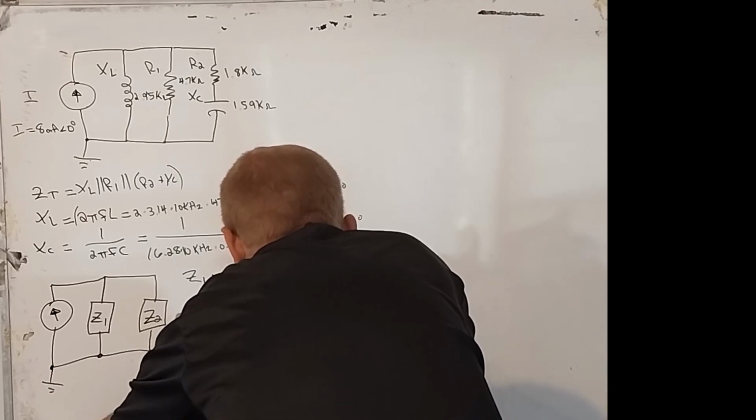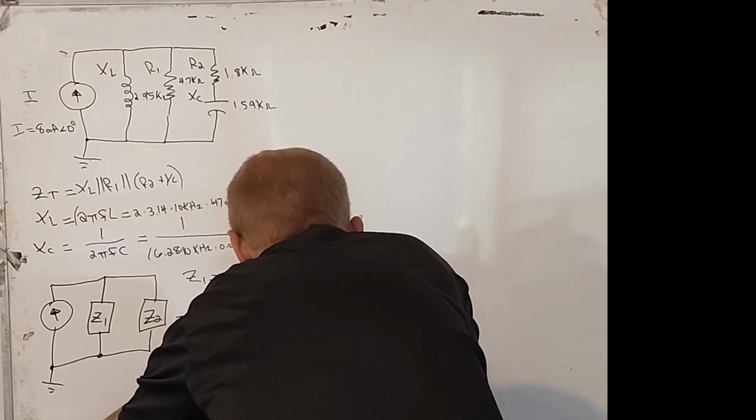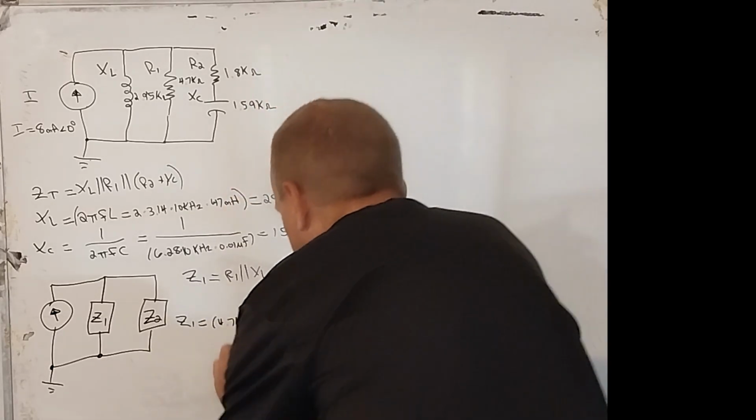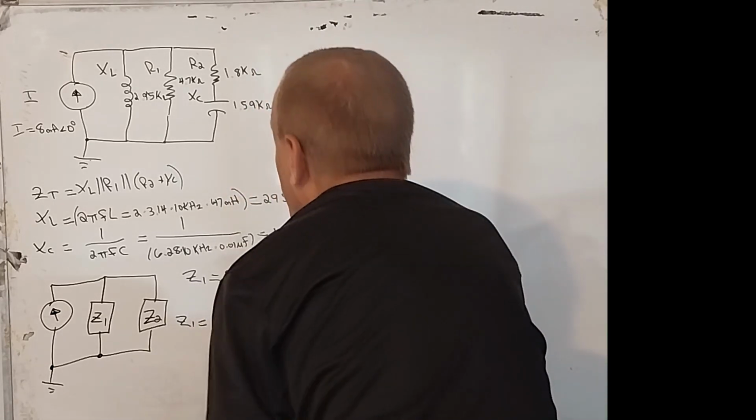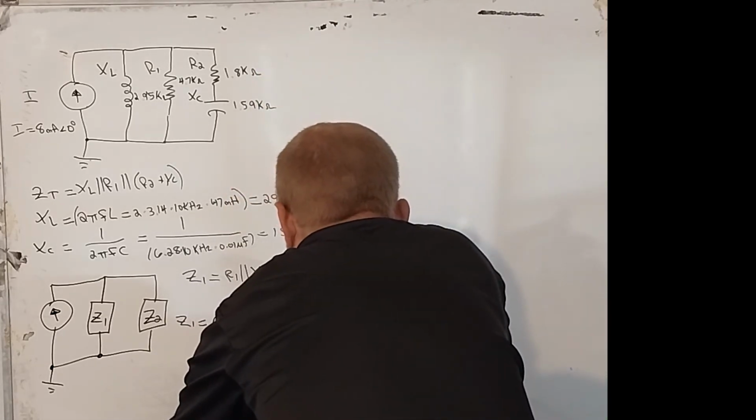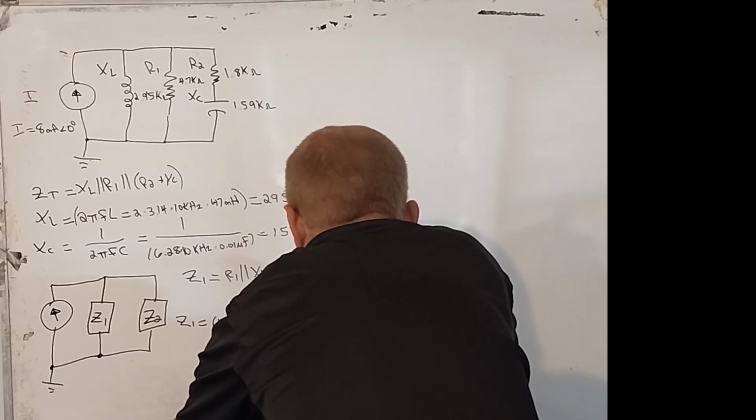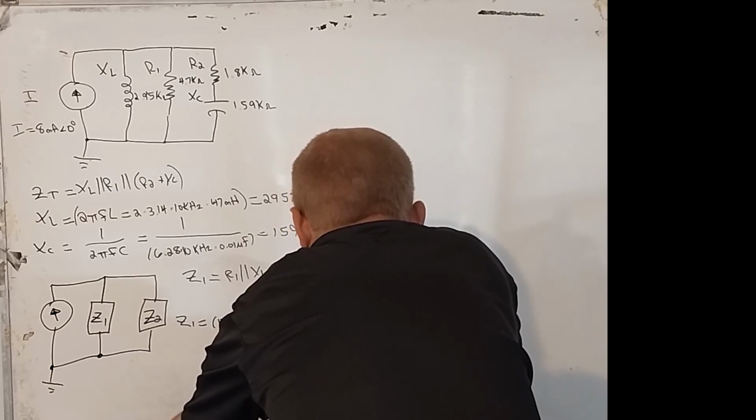Yeah, so make very consistent, at an angle of 0 degrees, and multiply that by X of L, which is 2.95K at an angle of 90 degrees.